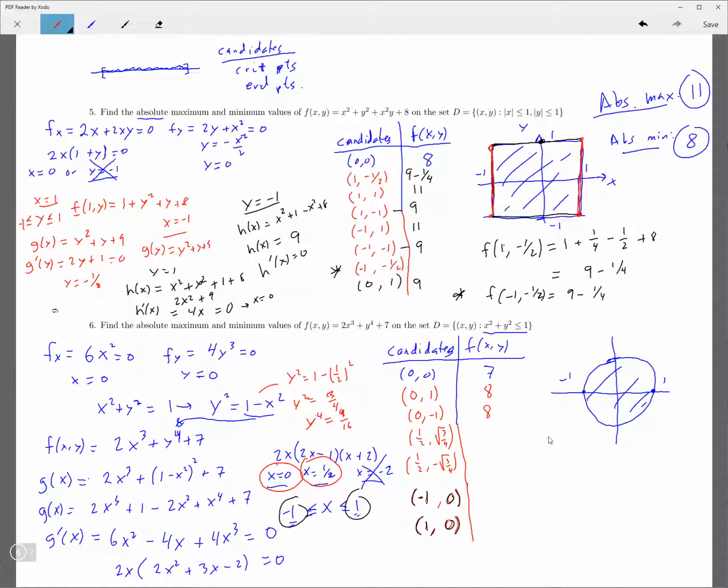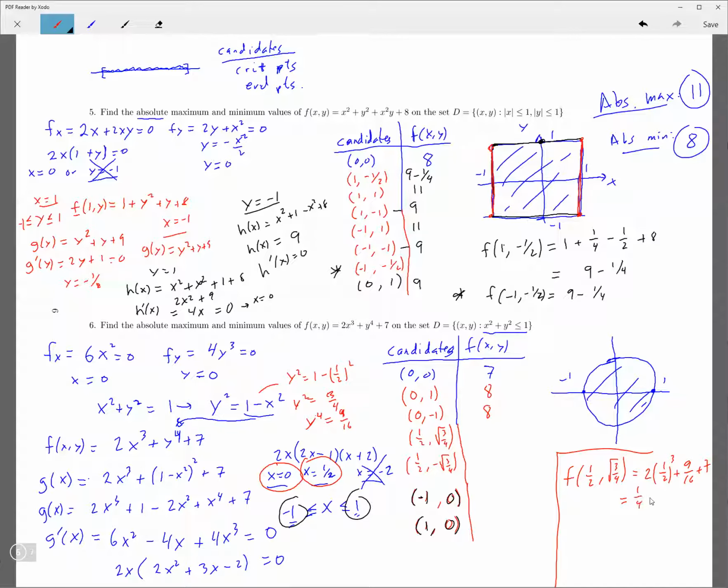So f of 1/2 and the square root of 3/4 is 2 times 1/2 to the 3rd power plus 9/16 plus 7.